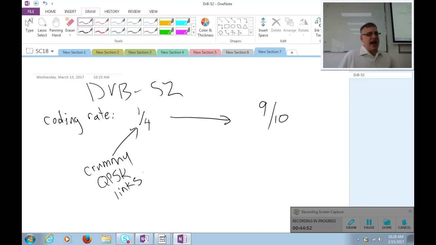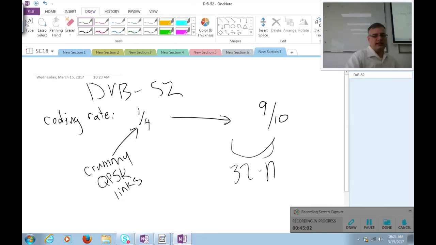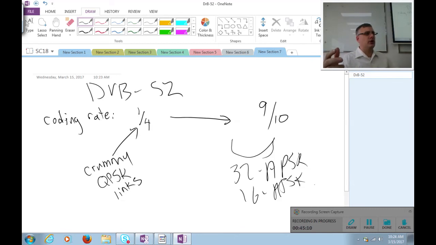You know, if I have a very high signal to noise ratio, then I use one of the coding rates up here for my 32 APSK or my 16 APSK, because by definition I have a pretty high signal to noise ratio. Those constellations have to have a high signal to noise ratio to be detected well.